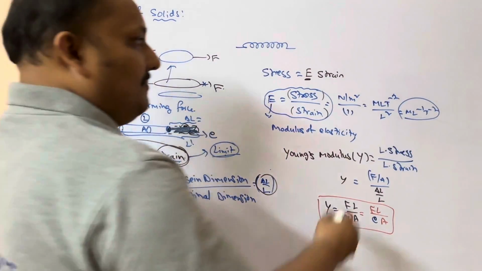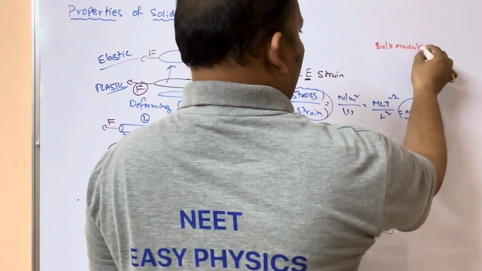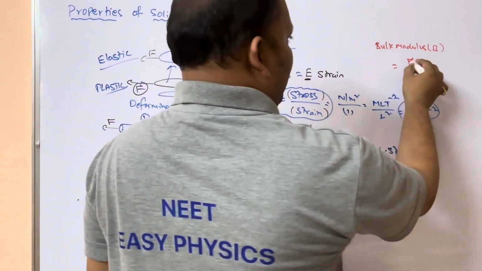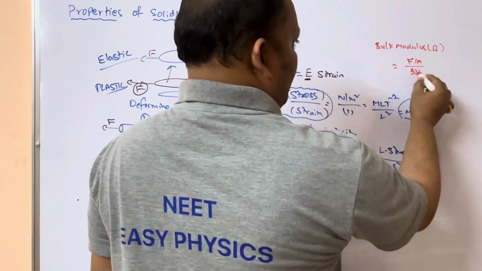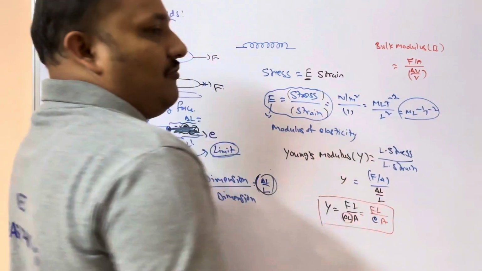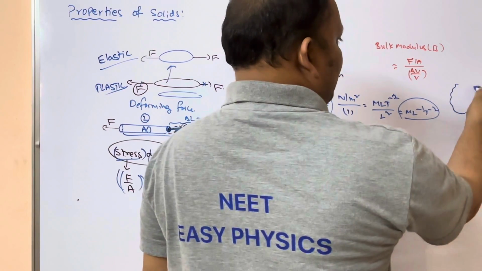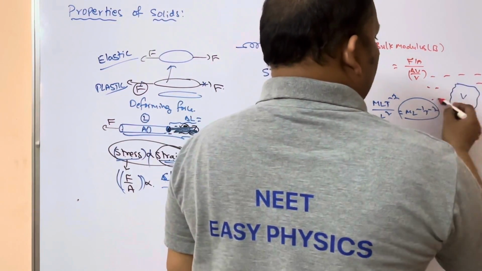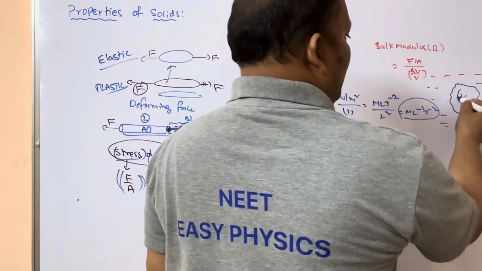Next one is bulk modulus. Bulk modulus is defined as stress by strain, which strain means volume strain. So volume stress by volume strain. If you take any object like this, this is the original volume. If we place this object within water or liquid, its volume is going to decrease.